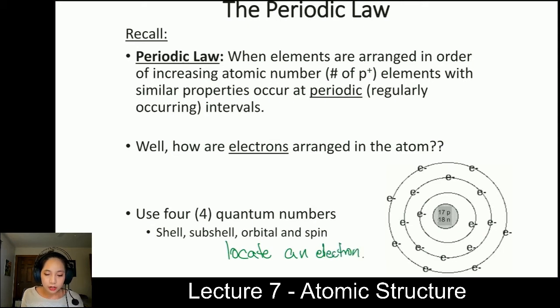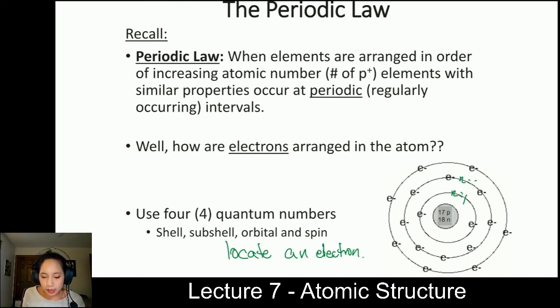So this diagram that you see here on the right is just an orbital diagram, which you will be learning how to make, but every single shell that you see here is an energy level. This first ring around the nucleus, and this particular nucleus has 17 protons and 18 neutrons, is our n equals 1 energy level.